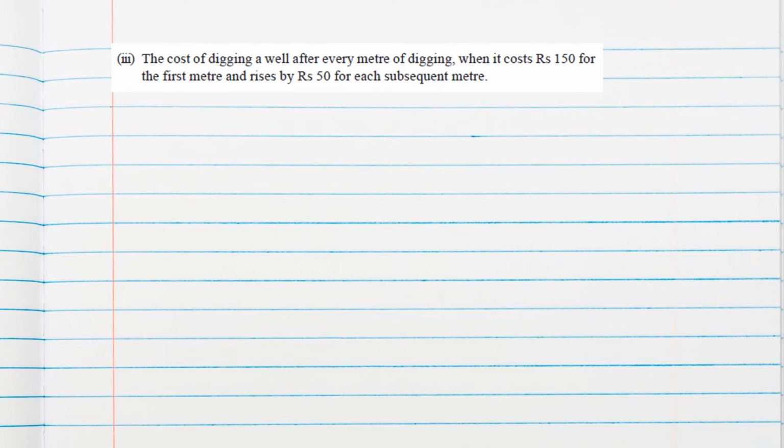The cost of digging a well after every meter of digging, when it costs rupees 150 for the first meter and rises by 50 rupees for each subsequent meter. So that means for the first meter cost is 150 rupees.